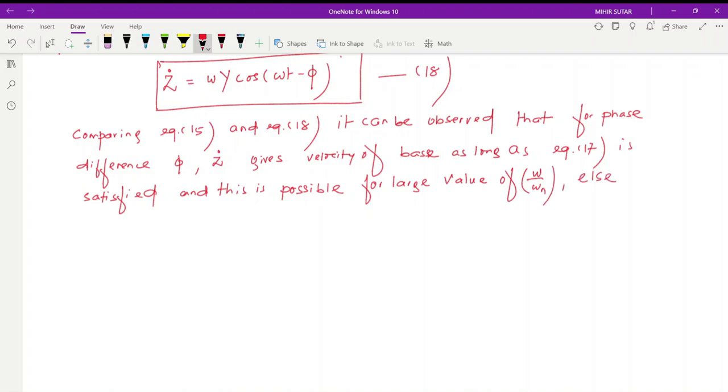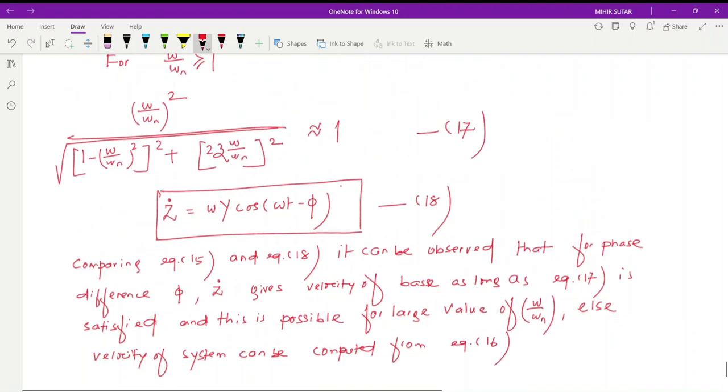Else, the velocity of the system can be computed from equation 16.